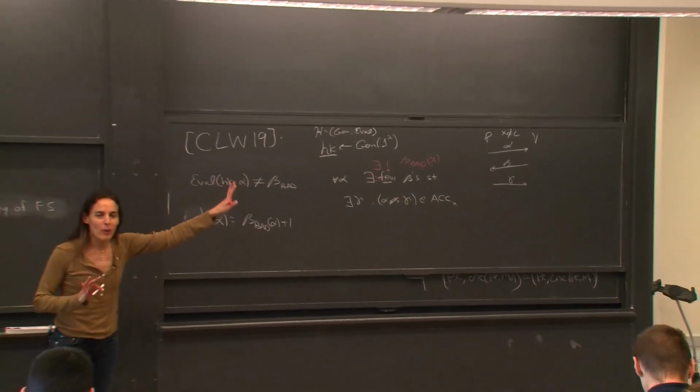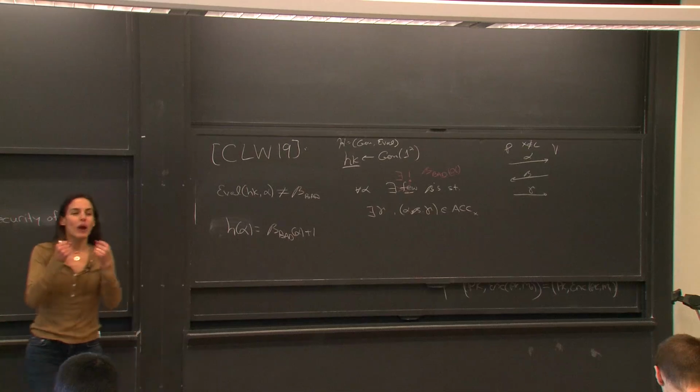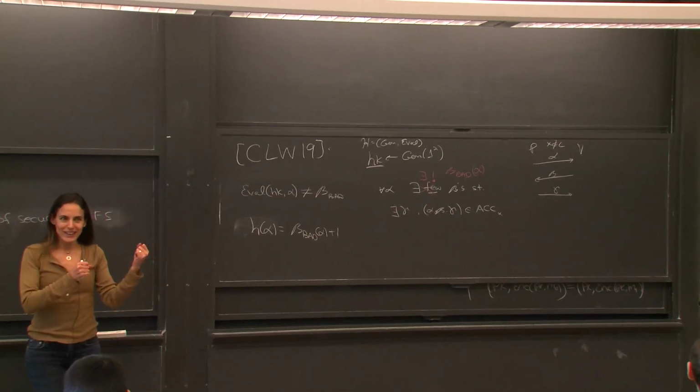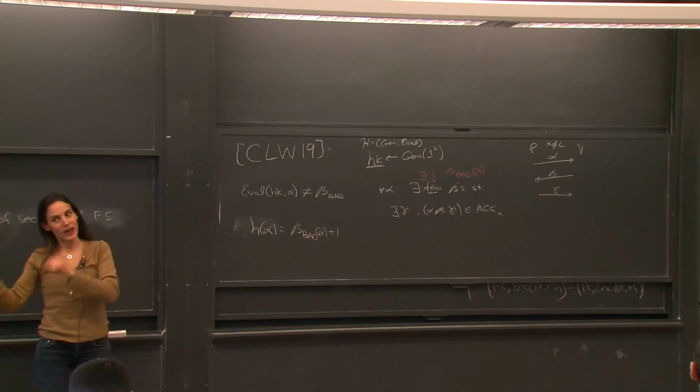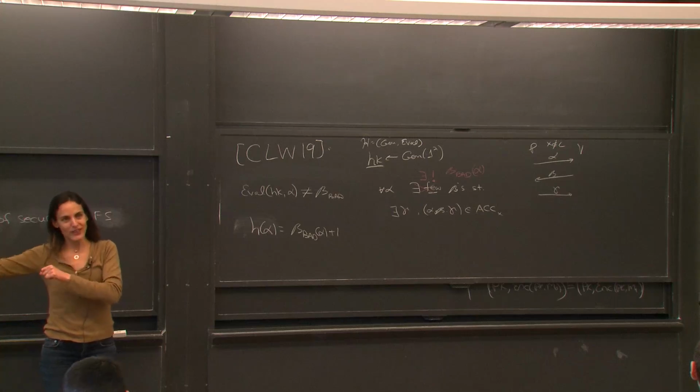What I want you to remember about the commitment is that there's some trapdoor, like a secret key. I'll call it trapdoor on purpose because we'll have another encryption which will have a secret key.